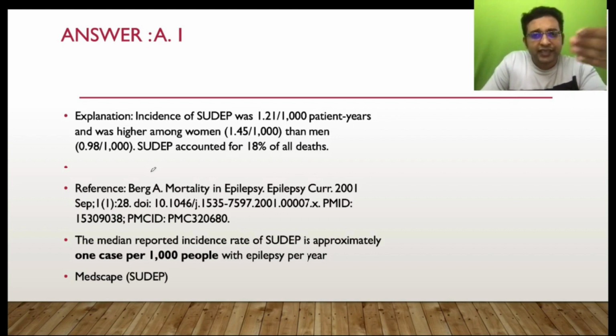And most of the studies say that it is nearly 1.21, etc. So the correct definition and correct identification varies from 1 to 5. So I'll take the answer as 1 based on my research on various studies, and Medscape clearly states that it is 1.